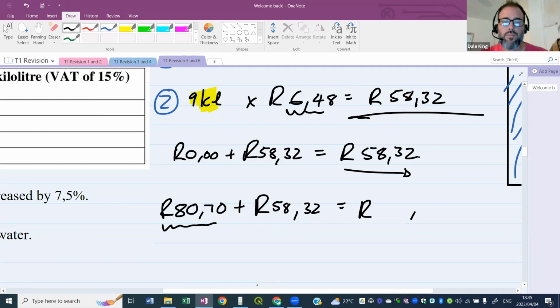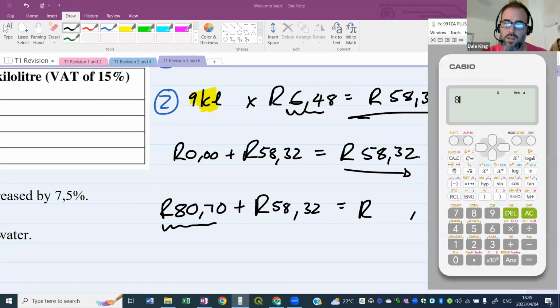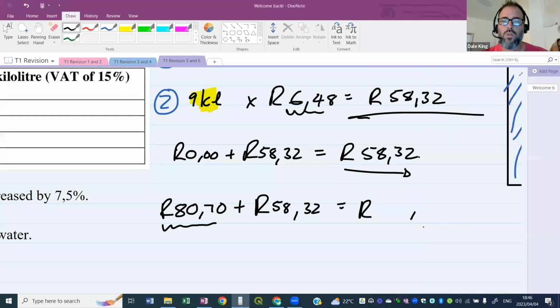Get the calculator. So it's 80 Rand 70 plus 58 Rand 32, which is 106 Rand and 2. 106 and 20. Oh, I got 139. 58. Maybe my calculation is wrong.